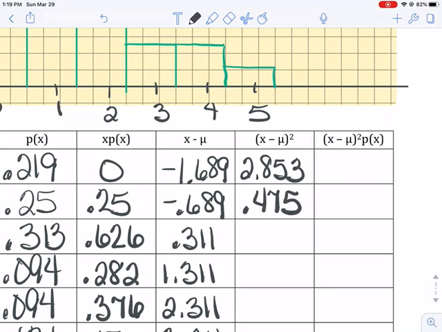Okay, and mine is rounding to 3 decimal places, which is perfectly fine.